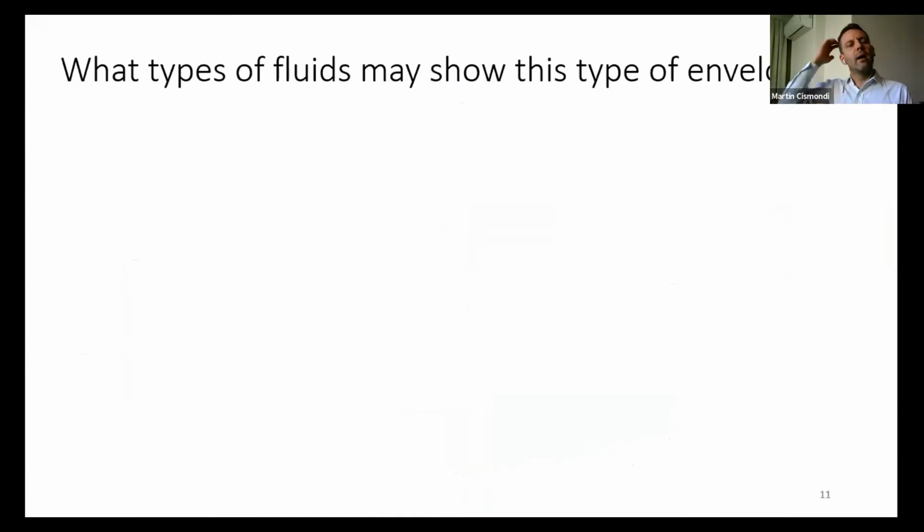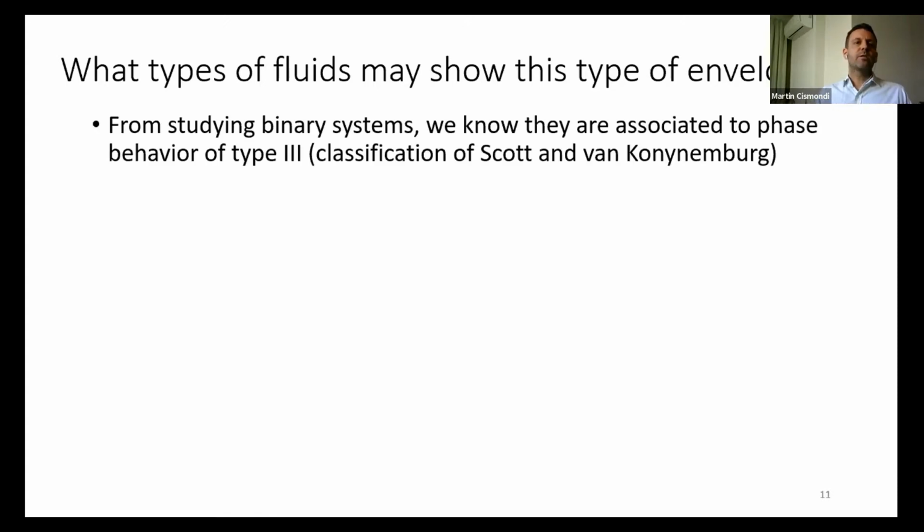So, coming back, now that we are understanding better what this envelope means and how it can be connected to the closed one, what types of fluids may show this type of envelope? From the knowledge on binary systems, as I just showed you, we know they are associated to phase behavior of type 3, that is in the classification of Scott and Van Konynenburg.